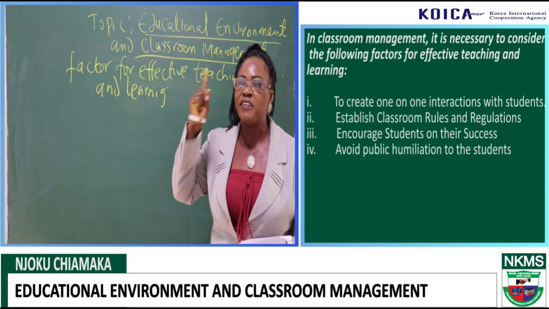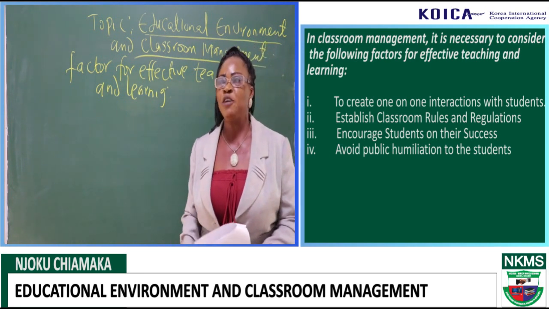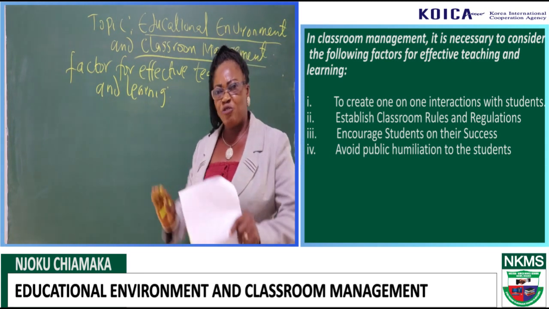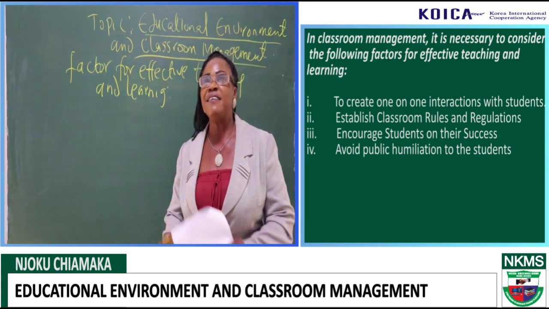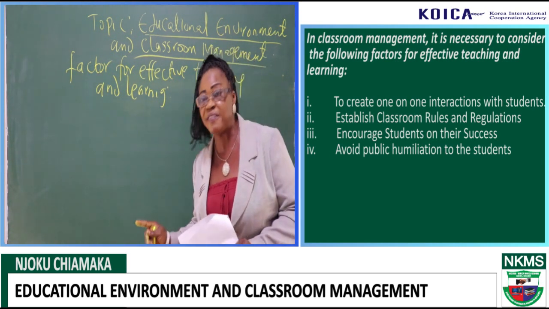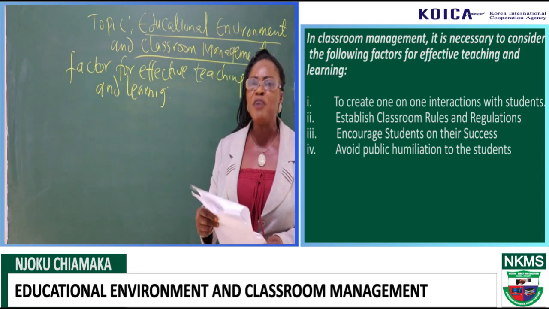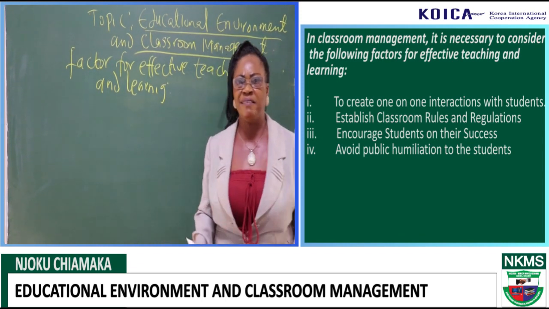That's why the first point is one-on-one interaction. Call the child and speak to the child. You are a teacher, a counselor. Counsel the child. Tell the child, don't do this next time. And you see the child will take correction more than when you humiliate that child.